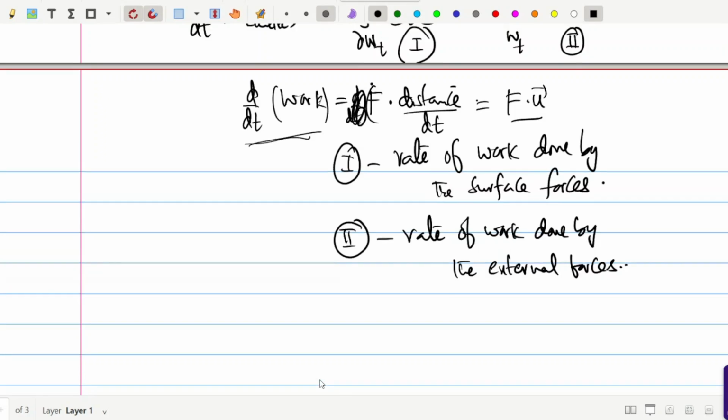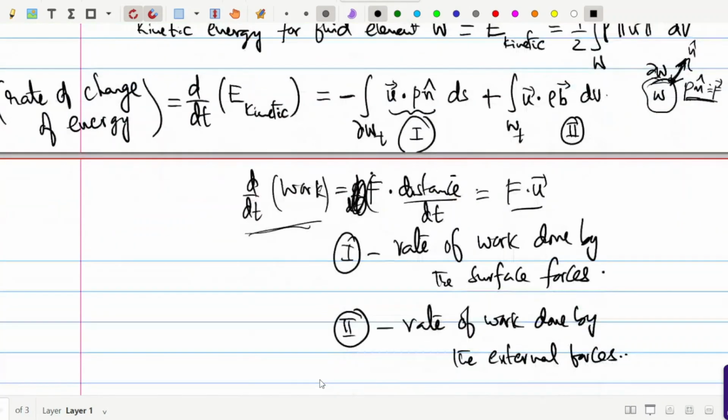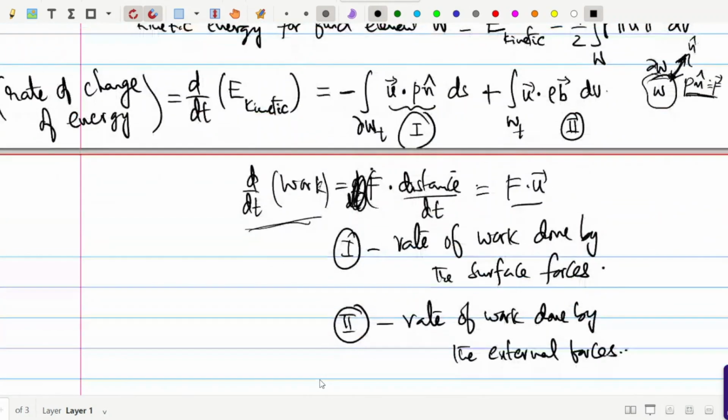This is the rate of work done, and the left hand side is the rate of change of energy. I'll write it without putting anything: this is the rate of change of energy, which is equal to the rate of work done by both the forces present in this case.